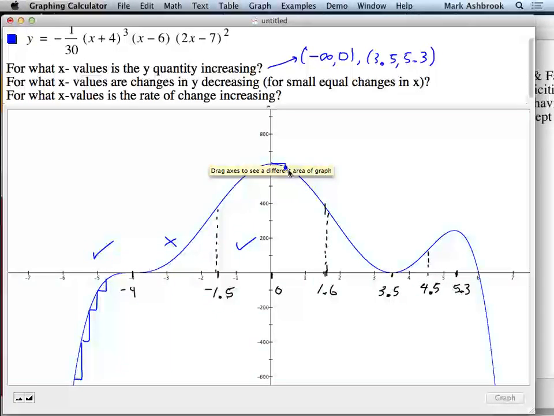So for equal changes in x, are the changes in y increasing or decreasing? I think they're getting more negative, so they're decreasing. Okay, so I heard increasing, and then I heard they're getting more negative, so they're decreasing. We better get this straight. This is what confuses students.